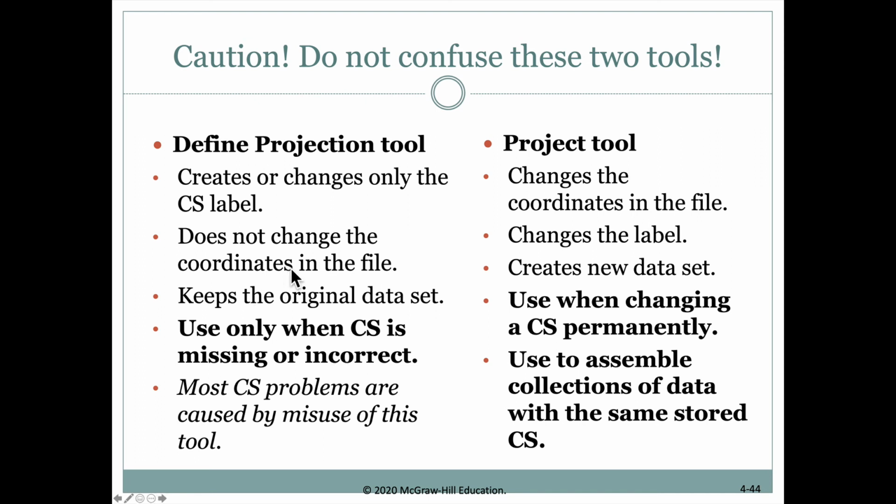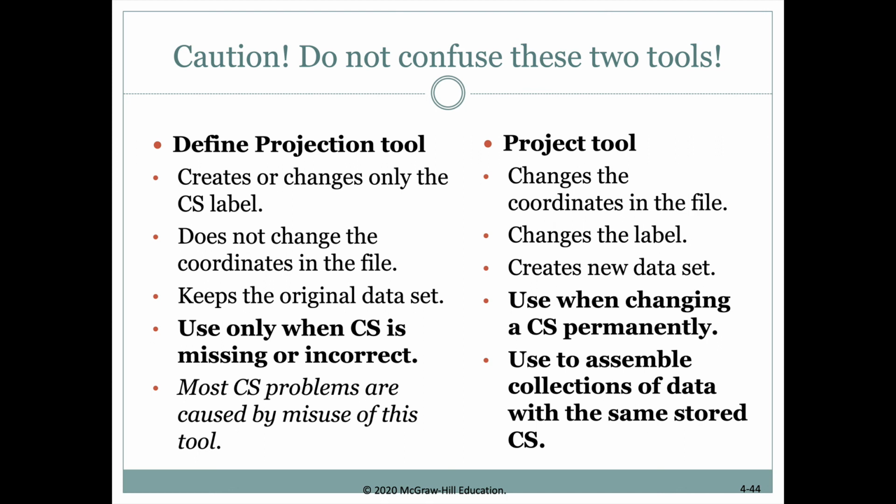It does not change the coordinates in the file. It does not reproject the data. It just basically corrects a mistake or missing data that was already there. With the Project tool, however, you're doing something very different. You're taking a layer from one coordinate system and you're projecting it, doing a transformation of it into a new coordinate system.